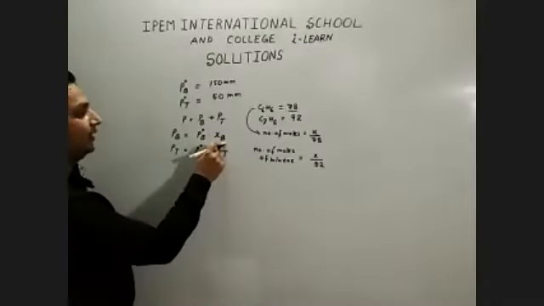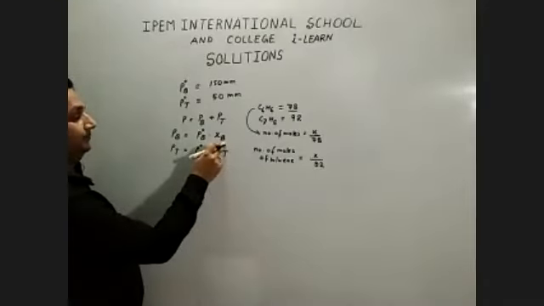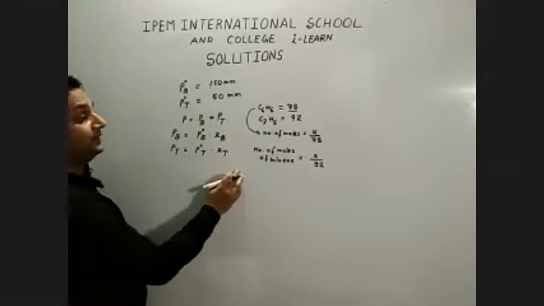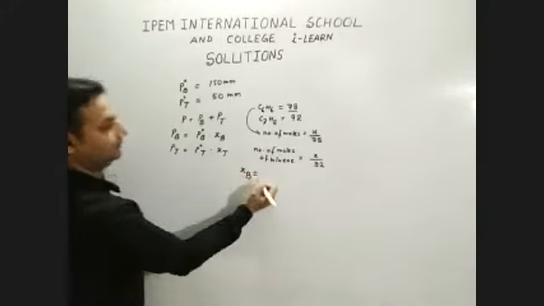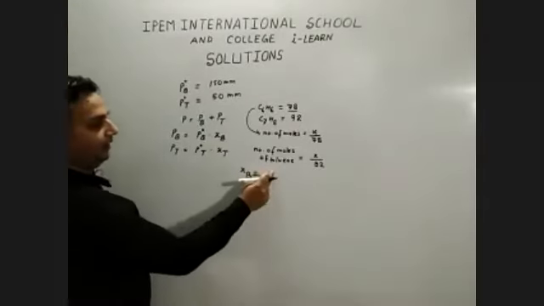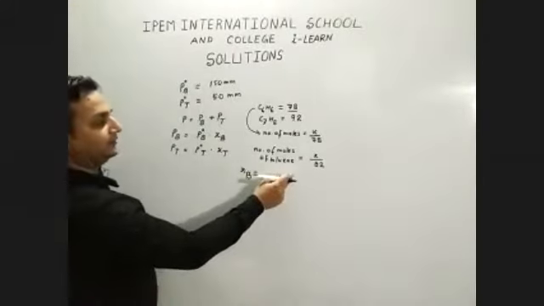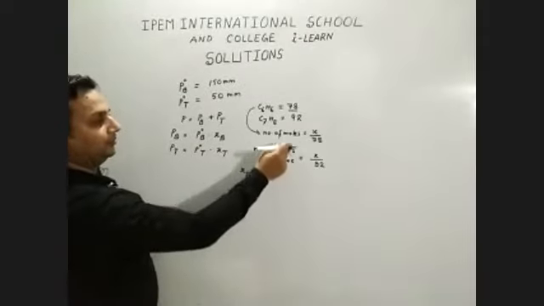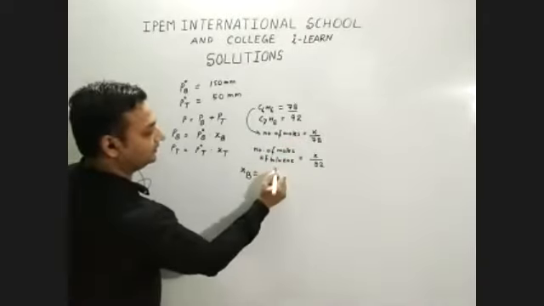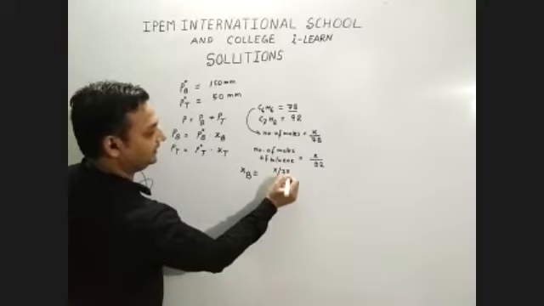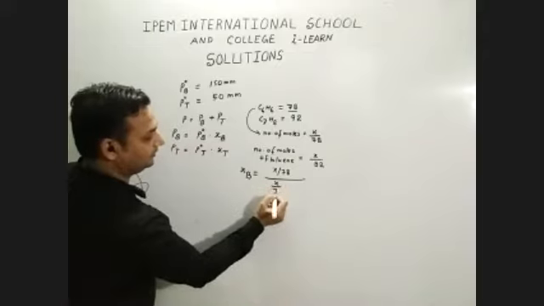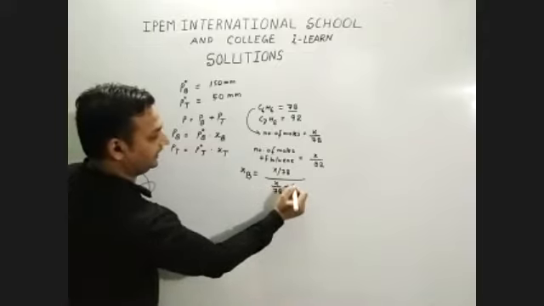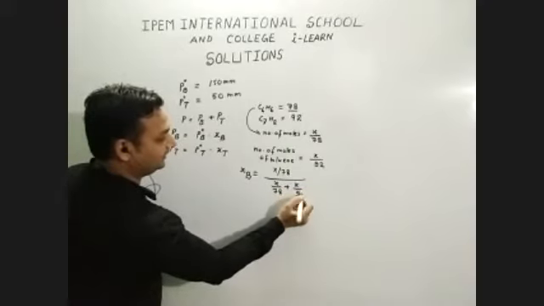Now, to take out the mole fraction of benzene: N1 upon N1 plus N2. So this is benzene, X upon 78, divided by X upon 78 plus X upon 92.